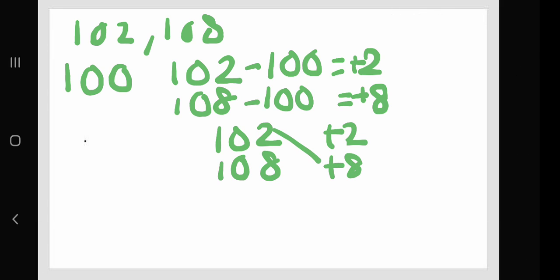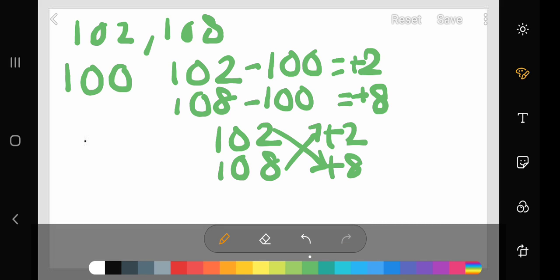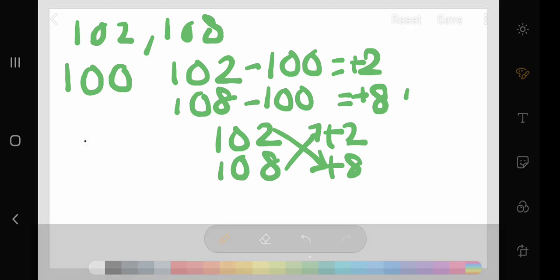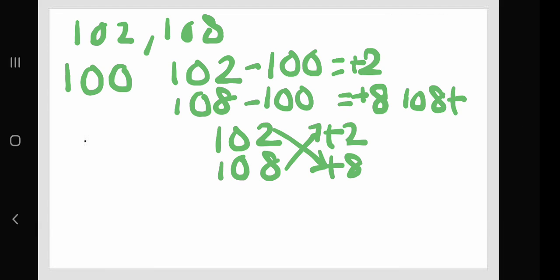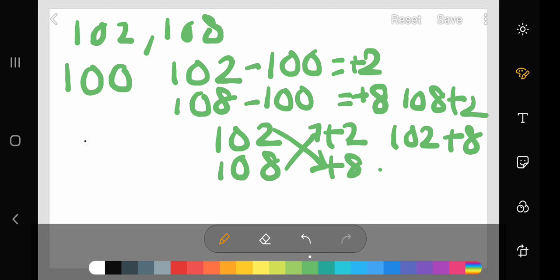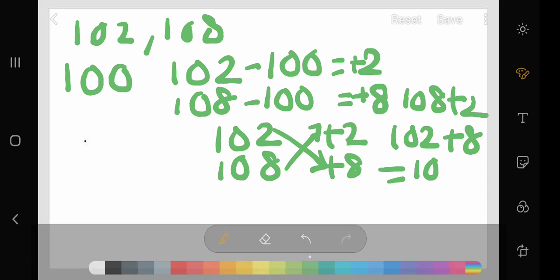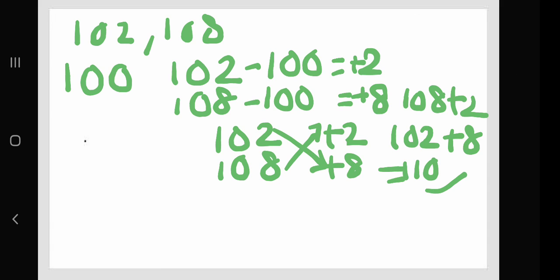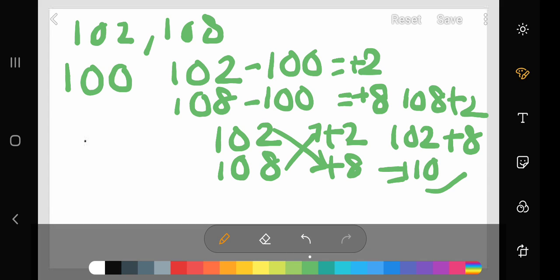Putting the cross sign here denotes that we have to do 108 plus 2 and 102 plus 8. So we will get 110 for both equations, 102 plus 8 and 108 plus 2.